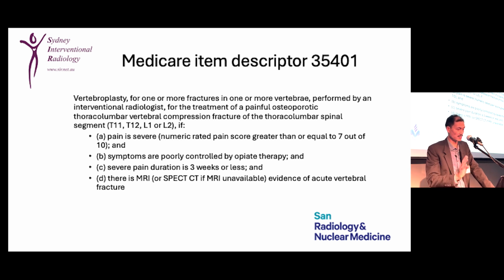So if I isolate four vertebrae: A, the pain's severe, and it's got to be 7 out of 10 or more; B, the symptoms are poorly controlled by opiates; C, the severe pain duration is 3 weeks or less, so it's actually an acute fracture; and D, there's MRI or SPECT CT, which is essentially a bone scan, imaging evidence of acute vertebral fracture. So as you can see, a really tight criteria to satisfy Medicare.